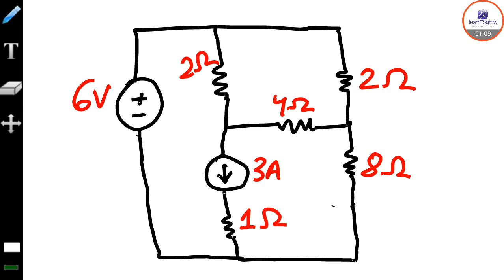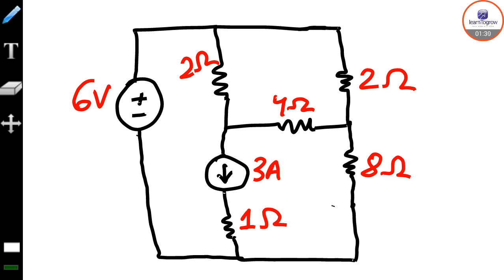First, we will consider the voltage source and we will ignore the current source. So we will simply open the circuit at the current source. When we ignore a voltage source, we short that source, and when we ignore a current source, we open that source.